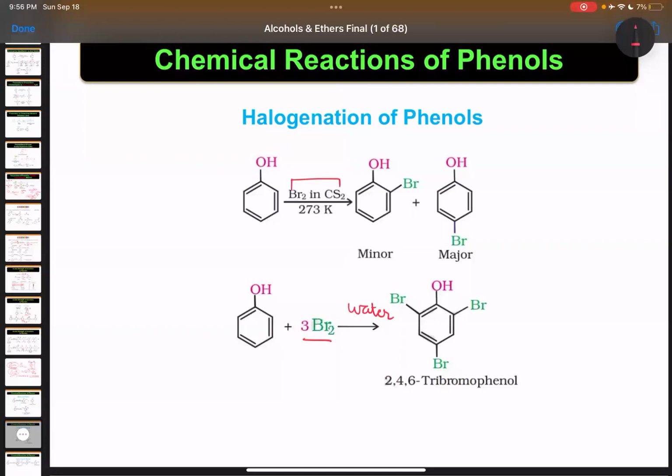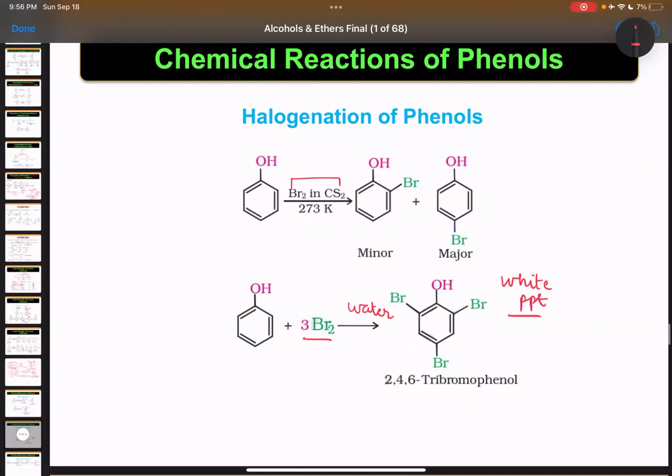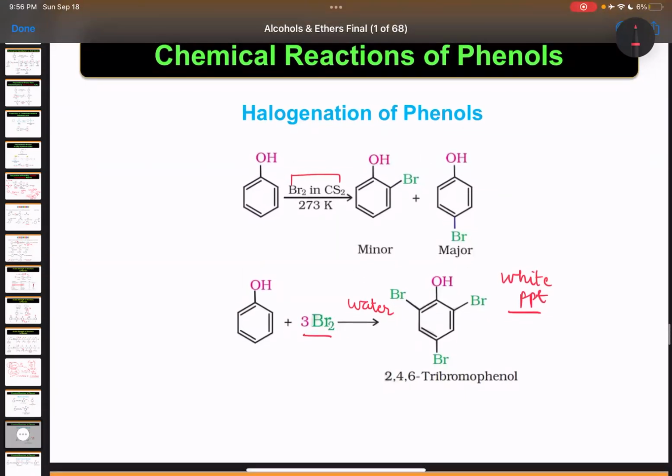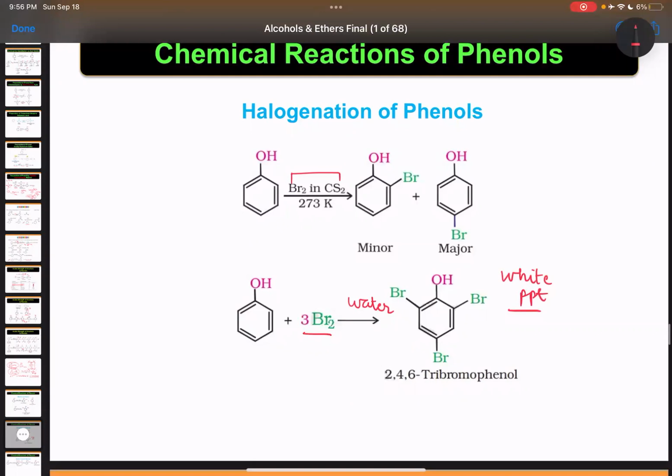And this is also a test for phenol. This is a white precipitate. Right? What's the reason? Sir, I don't remember.